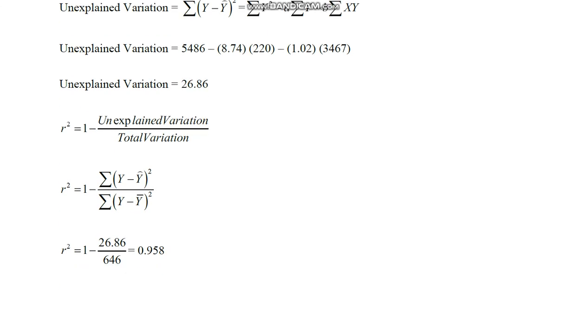We have the value of r square 0.958. There is a little bit of variation in this answer because of rounding of the numerical values, as we have 3 or 4 digits after the decimal point. So here is the value of r square.